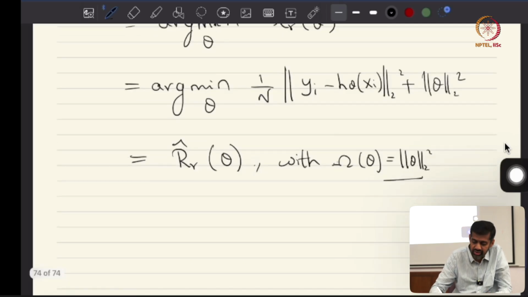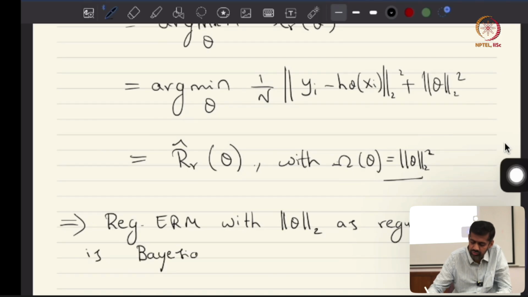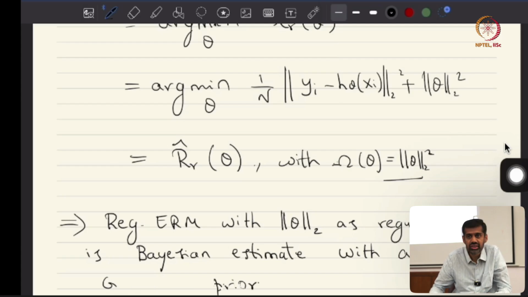Now this implies that regularized ERM with norm 2 as the regularizer is a Bayesian estimate with a Gaussian prior. That's it.